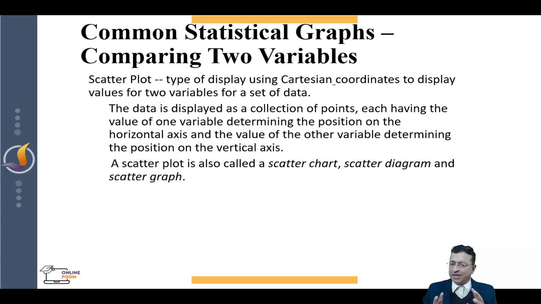How do we present those two variables in a scatter plot? The data is displayed as a collection of points, each having the value of one variable determining the position on the horizontal axis and the value of the other variable determining the position on the vertical axis. When we plot, we will find some dots against the x-axis and y-axis, and those are nothing but a scatter diagram.